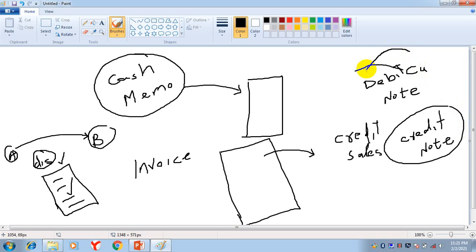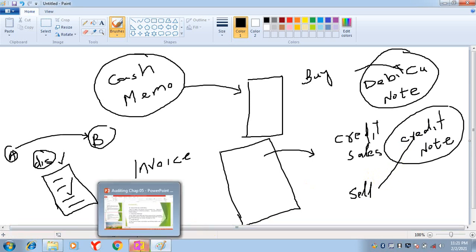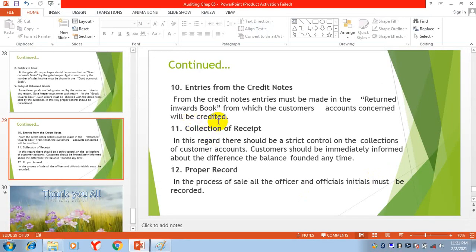Simply, this is the buyer and this is the seller. The buyer will make a debit note and the seller will make a credit note. Simple as that. So we will make a credit note. Entries must be made in the return inward book, from which the customer accounts concerned will be credited.